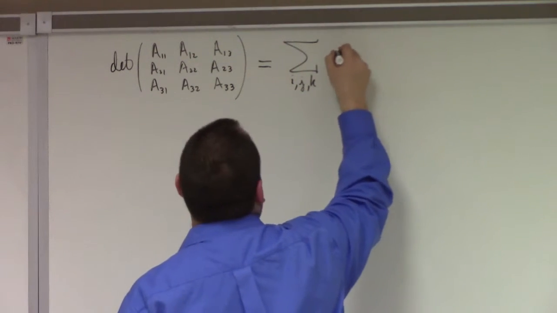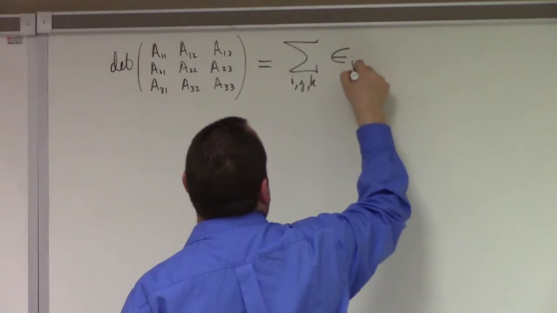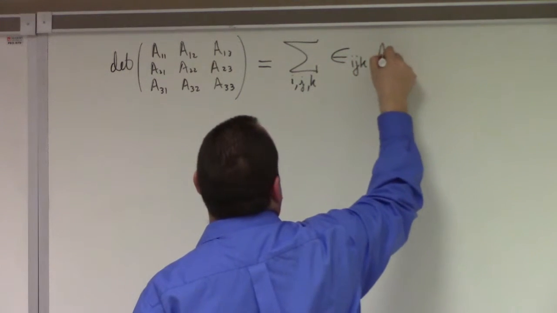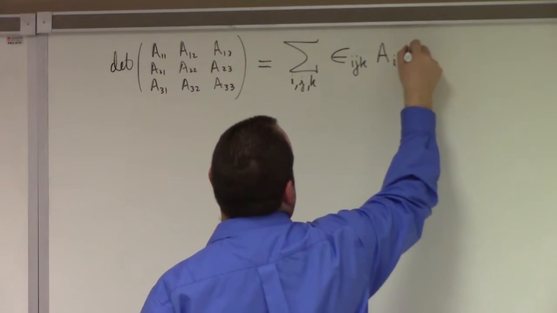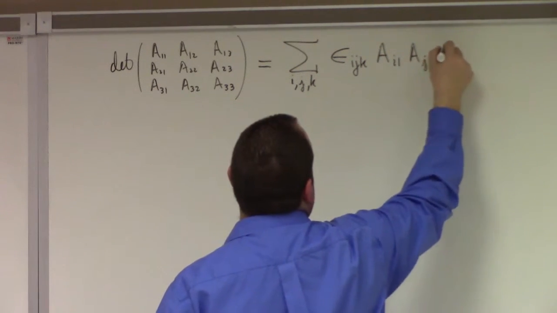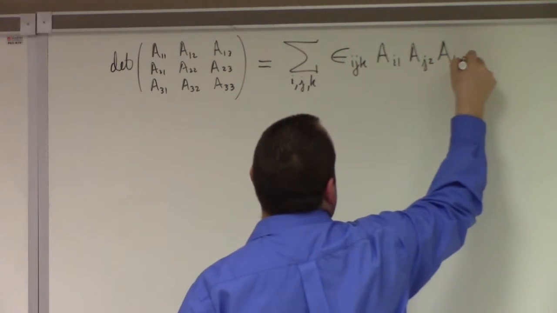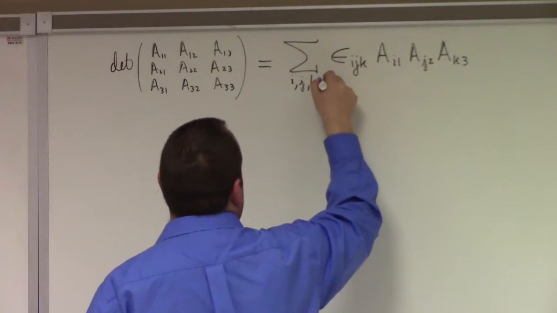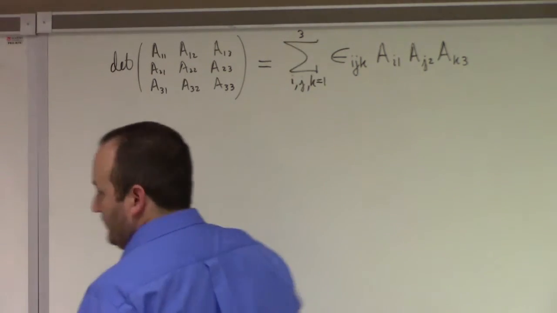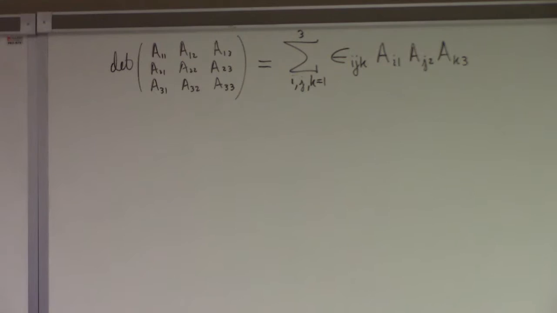And so I have epsilon I, J, K, A_{I1}, A_{J2}, A_{K3}. In principle, how many terms are there here? 3 times 3 times 3. There are 27 possible terms. However, only 6 of those are non-zero.